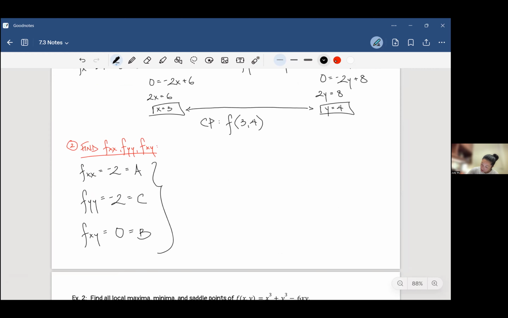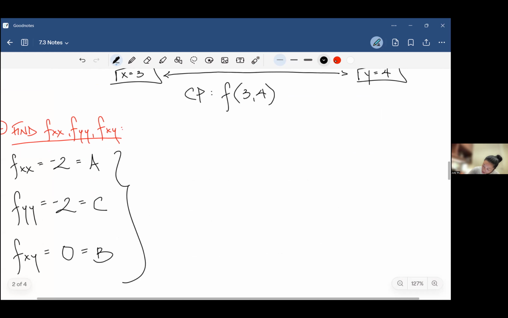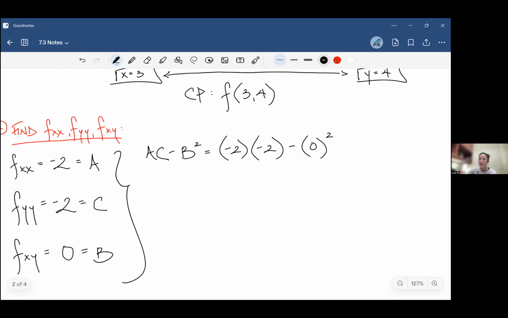All right, so AC minus B squared is going to be -2 times -2 minus 0 squared. Okay, now if there was ever a moment where we were going to be really careful about our signs, now is kind of the time, because whether our answer is positive or negative actually tells us two very different things, right?